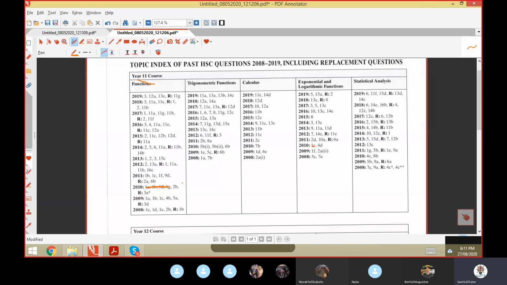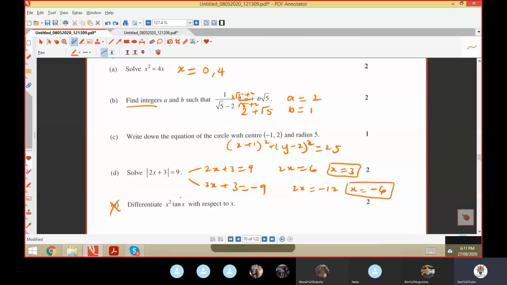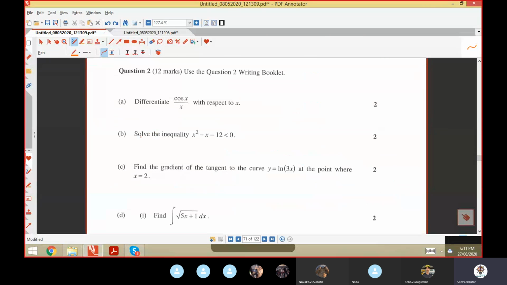4C, 4D, 2B. 2B and then 4. All right, 2B. Solve the inequality.